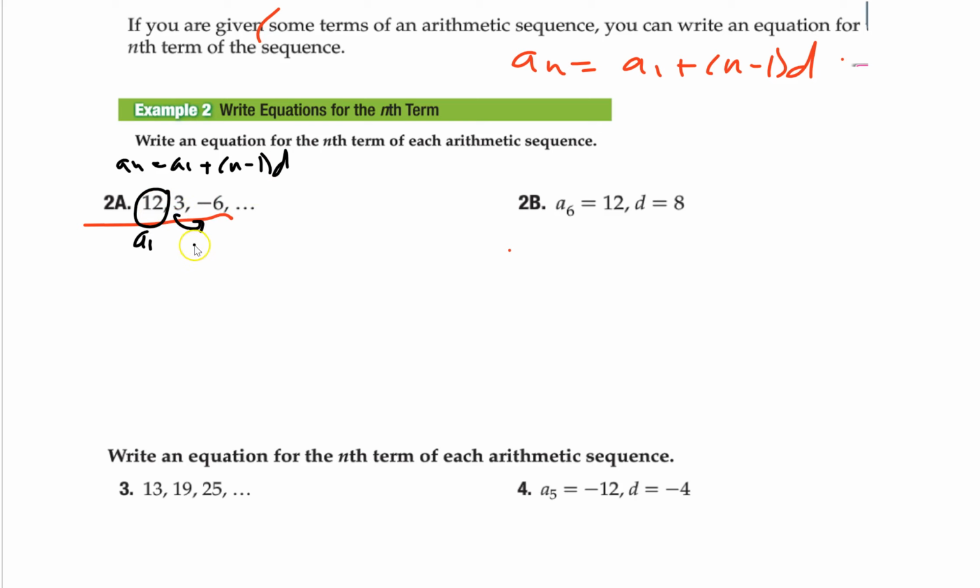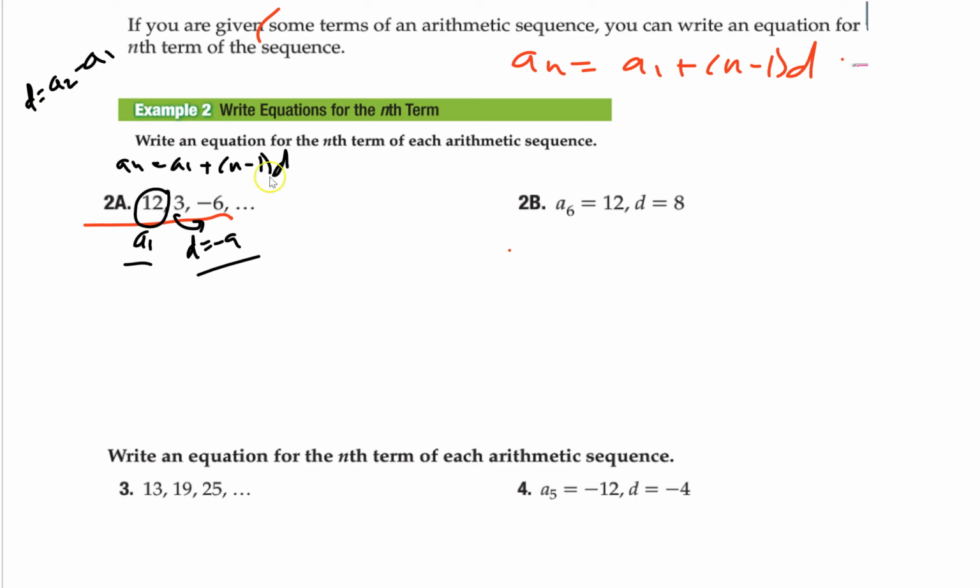You're subtracting 9 every single time. By the way, I never mentioned this, because it's usually common sense, but the way you find the common difference is a2 minus a1. Second term minus the first term. So here you'd get 3 minus 12 is -9. Again, most of the time we don't use it, you just kind of look at it. But that's the proper way of doing it.